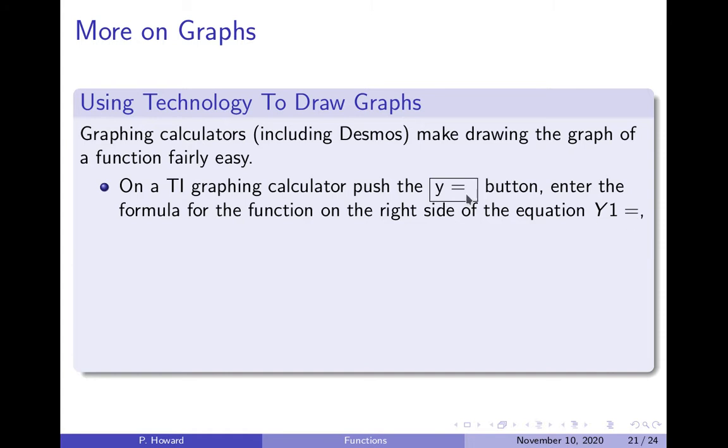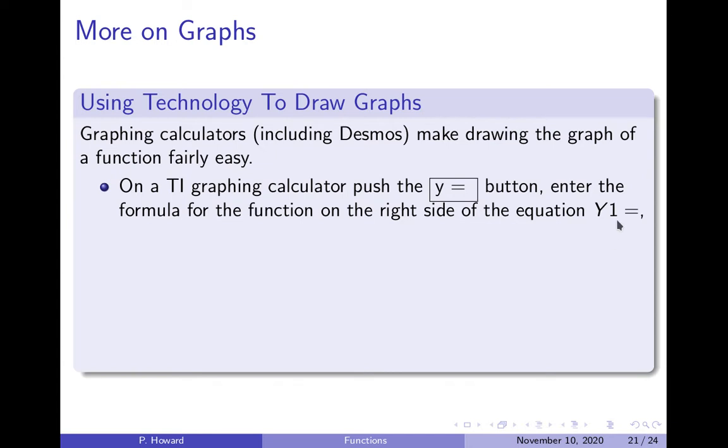So after pushing the y equals button, you will get a screen in which the left-hand column has at the top y1 equals, below that y2 equals, below that y3 equals, and you can enter up to 10 functions on a basic TI graphing calculator.